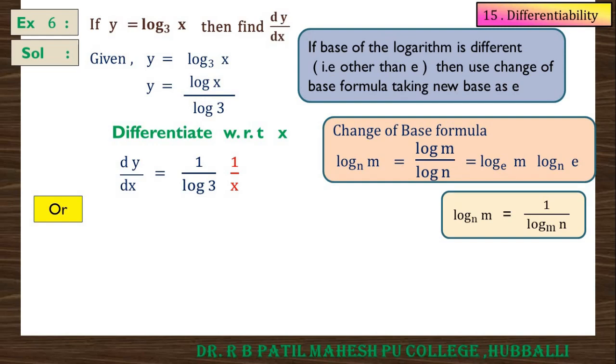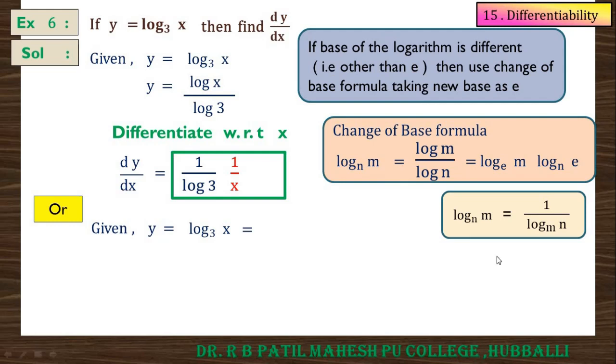Now I use the second formula, and then I find the derivative. Here, given y is equal to log x to the base 3, and this is now written as follows. First log x, and then what is the base? 3. Now change it to e.